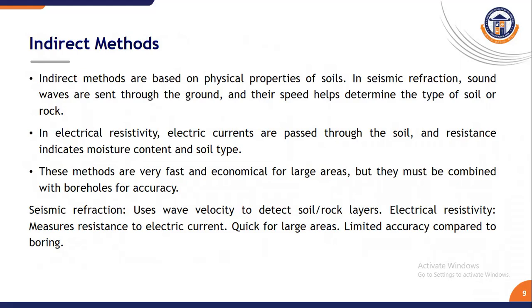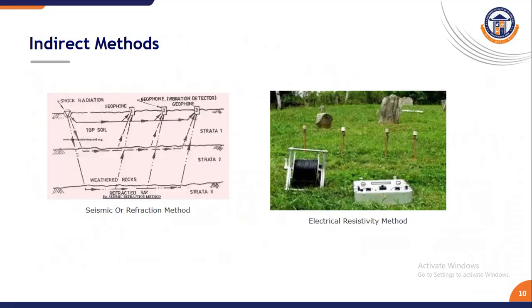These methods are quick and economical for larger areas, but they need to be combined with boring for better accuracy. These are the figures for your reference for the seismic refraction and electrical resistivity methods.